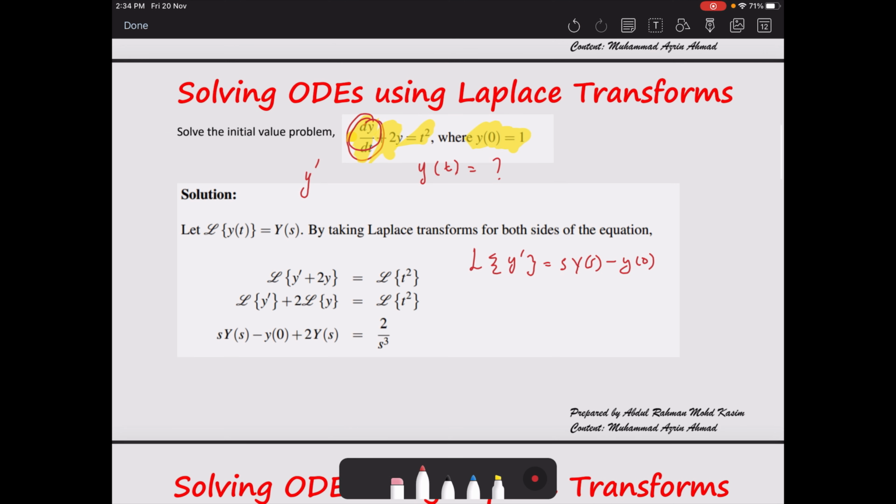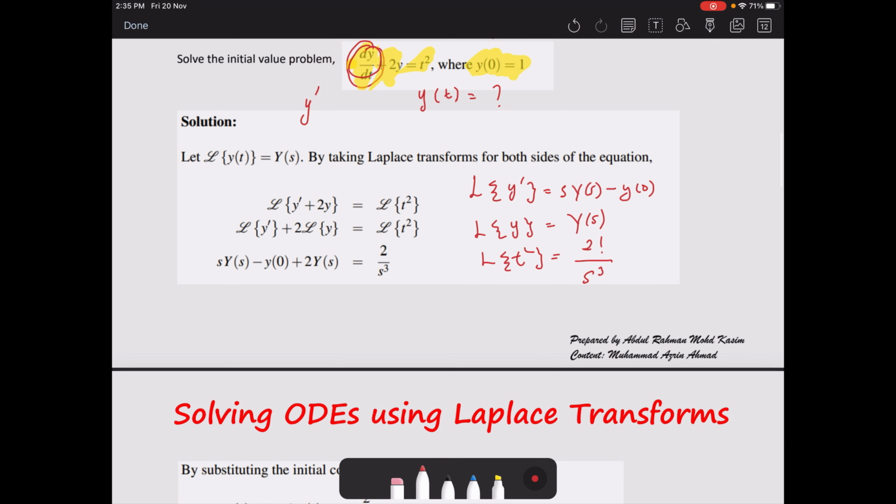And then when you take the Laplace of y, as usual you will get Y(s). And then on the right hand side, when you take the Laplace of t squared, you will get 2 factorial over s power of 3, which is 2 plus 1.